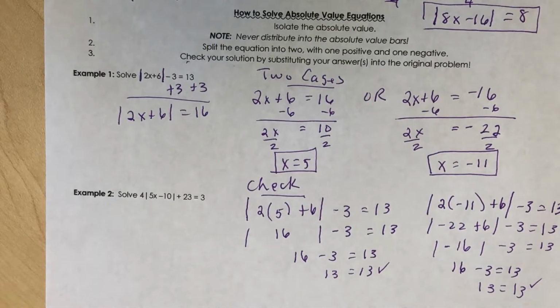So in example 2, we're going to solve 4 times the absolute value of 5x minus 10, plus 23 equals 3. To do this, I start by isolating my absolute value bars.